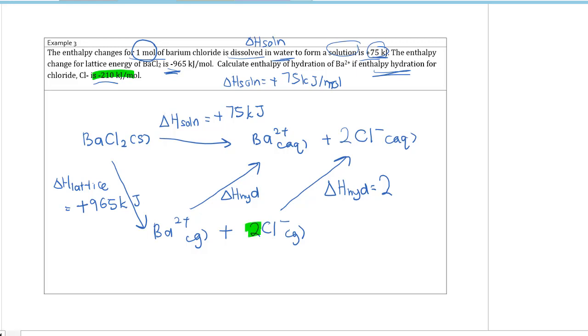So here you need to have 2 moles, so this value needs to be times 2: 2 times negative 210 kilojoule.